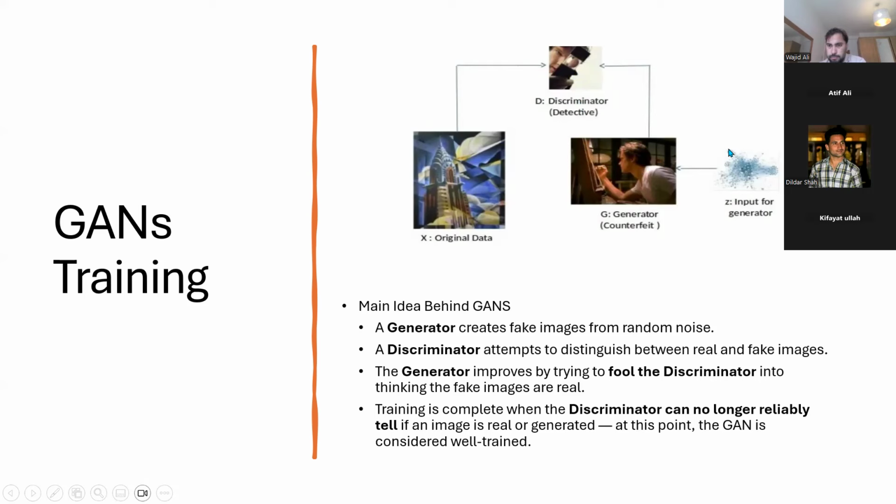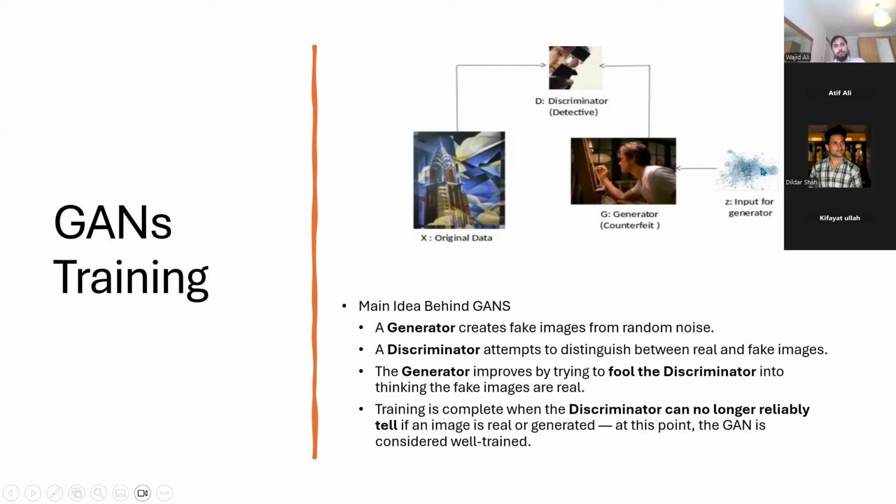And all the generator wants is to get better and better so that it can fool the discriminator, so it cannot identify if the image generated by the generator is fake or real. As I said, the generator creates fake images from random noise. Here is the random noise.